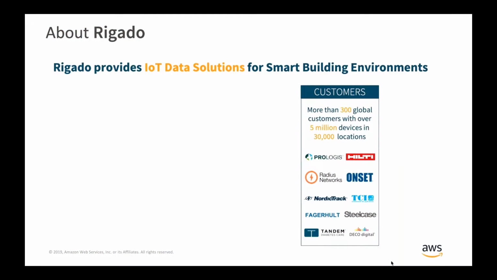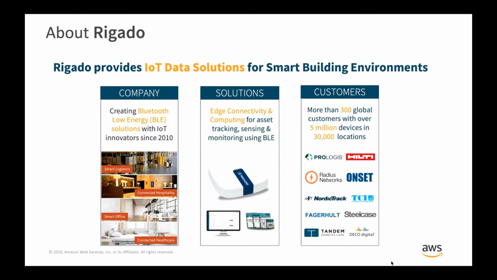So I guess to begin, let me just take a couple minutes and explain a little bit about Rigado. So we provide IoT data solutions for smart building environments. We do this across a host of different markets, things like smart logistics, like we've heard Prologis working through, hospitality and restaurants, smart office buildings, as well as things like healthcare. And through that process, we've deployed over 5 million devices and have solutions working in about 80 countries and growing across the world.